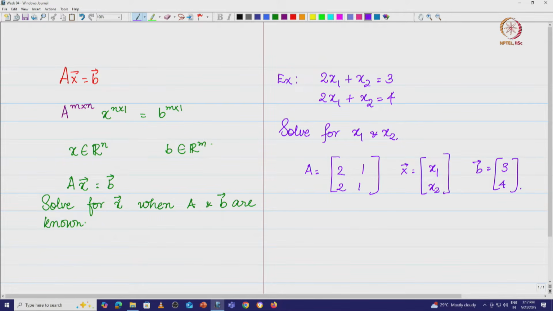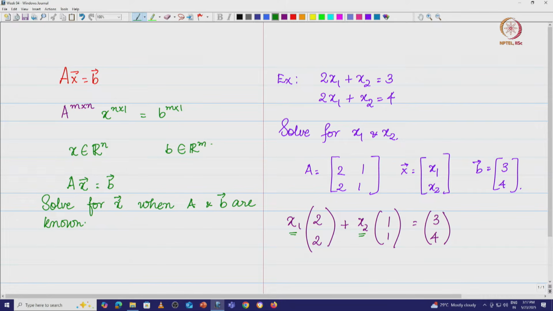That means we are looking for the values of x1 and x2 which simultaneously solve this equation. In other words, what are we looking at? We are trying to look at x1 times (2, 2) plus x2 times (1, 1) is equal to (3, 4). Now what does this actually mean? This means we are trying to look at scalars x1 and x2 such that the linear combination of the vectors (2, 2) and (1, 1) gives me the vector (3, 4).